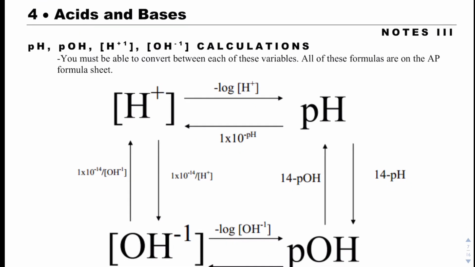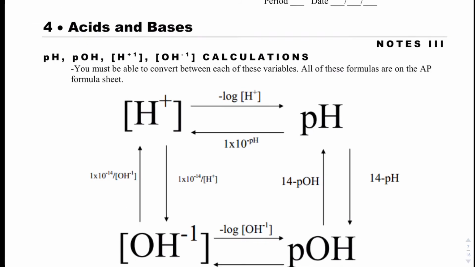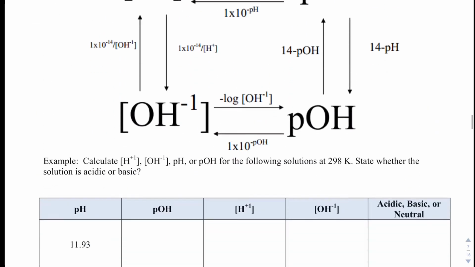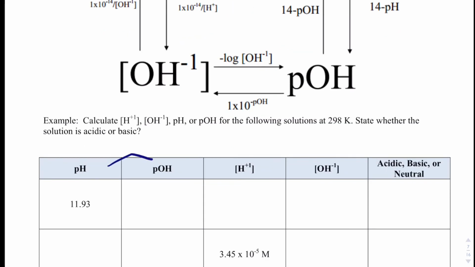On the back of your periodic table, you will see all the pH calculations in the acids and bases unit, and we want to be able to do these fairly quickly. So how I always think about it is we need to know that pH and pOH add to be 14. Okay.